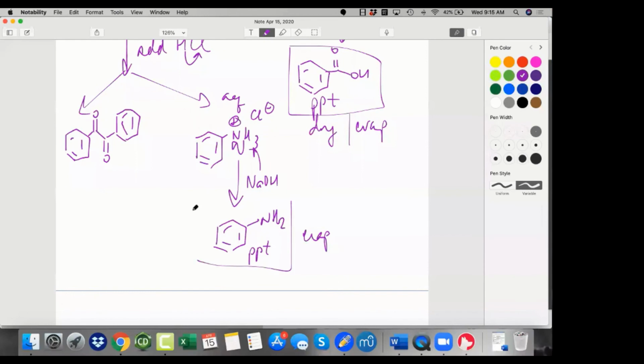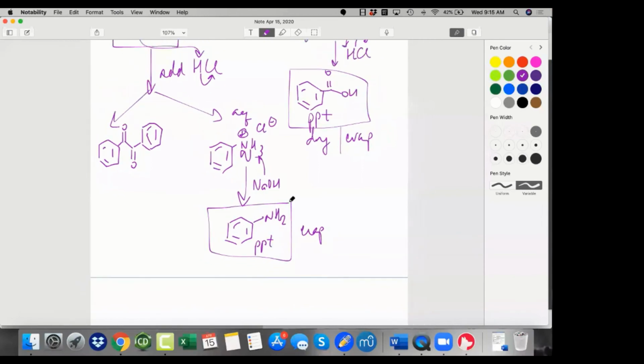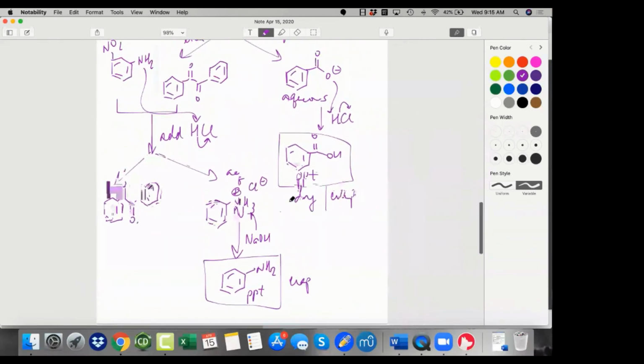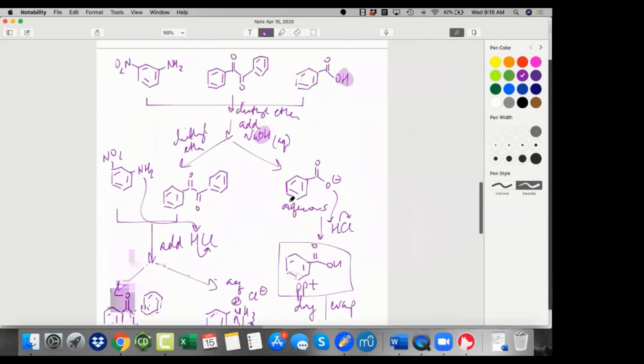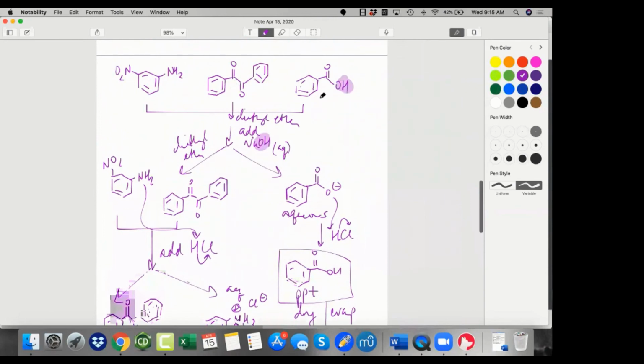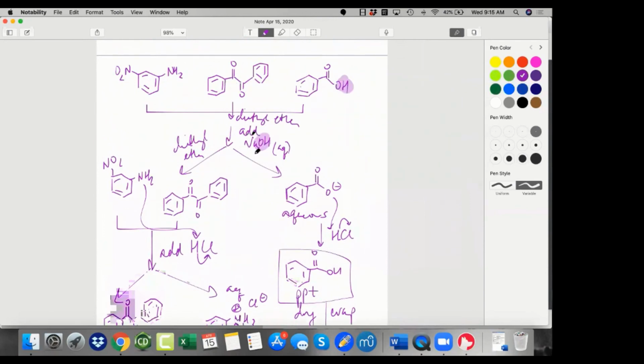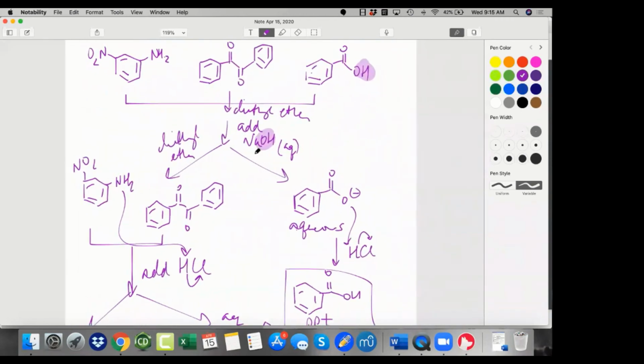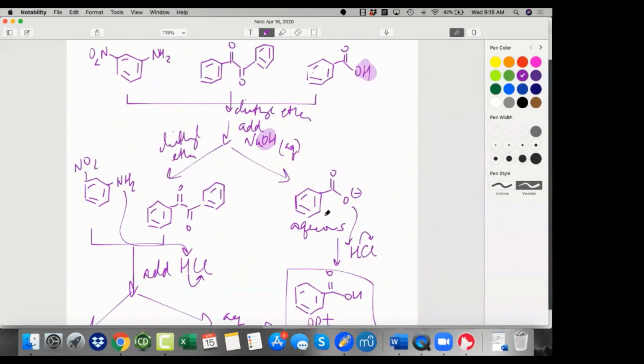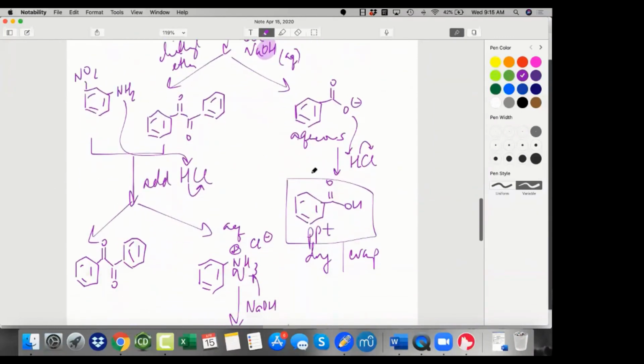Oh, I see what's happening. So the way I think that this is going is, first you dissolve it in ether so that you can mix them together. Mm-hmm. And then for the benzoic acid, you have to charge it so that it's soluble in water, like you were explaining before. Because it's an acid, we're using a base to charge it. Exactly. And then we need to bring it back to the uncharged form again.